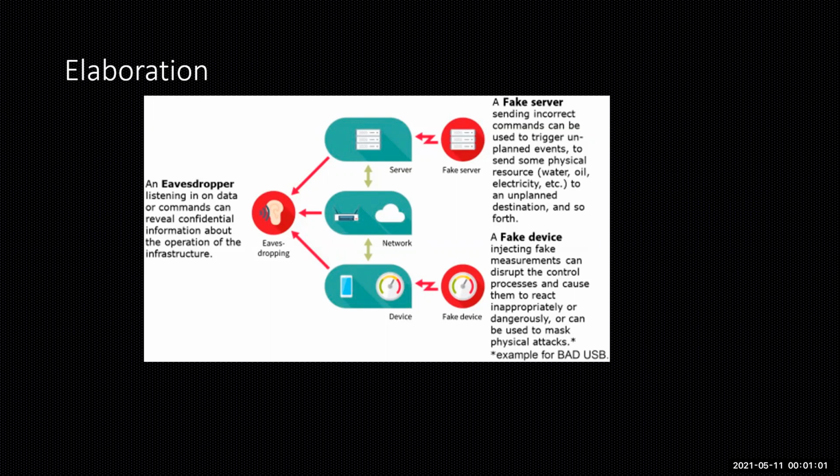In this particular case, we have a fake server that could disrupt or trigger certain events, such as a dam break or an electrical outage. And the fake device could also disrupt measurements and have them read false readings, all while the eavesdropper is picking up on this information and making use of it.